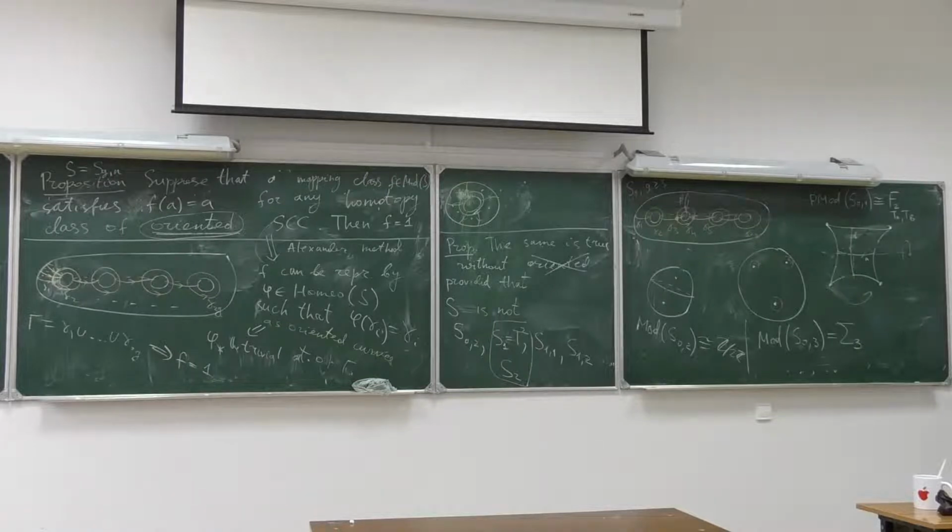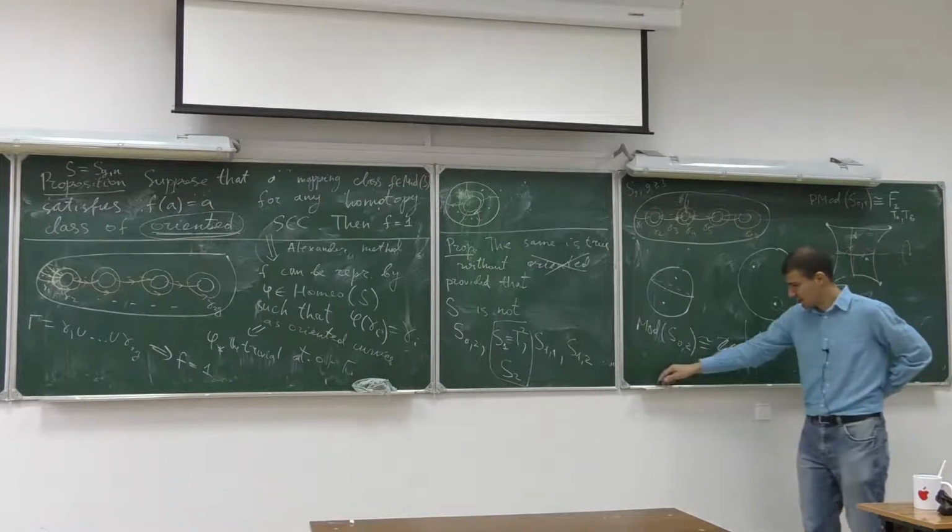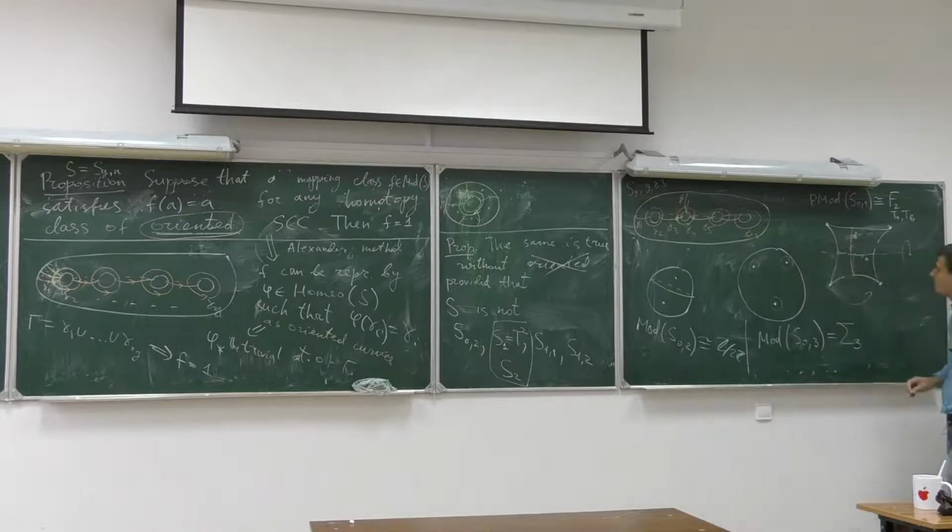This can be proved more or less by hand. The idea is to take any arc from, say, this point to that point, and by applying twists TA and TB, we may simplify this arc to be like that.